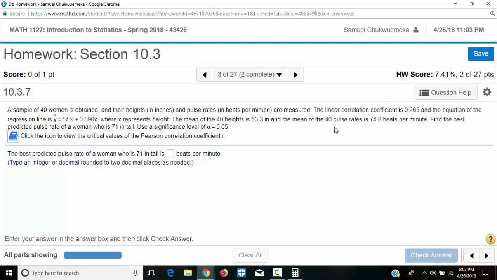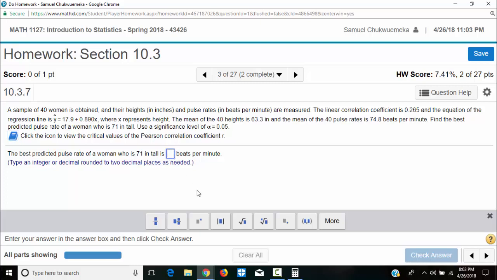So you use the sample mean of the response variable, and that gives us 74.8. That is what you use as the best predicted response variable. So you don't use this equation because you find out now that there is no linear correlation between the two variables. So we're going to use 74.8.